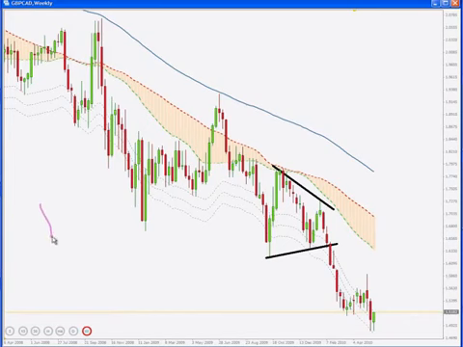For example, if price fails on the next bounce, on the next swing, to break through the previous swing low, and instead we get either a horizontal swing low or even a higher swing low, you see this higher swing low there, search for either sideways congestion areas or for triangles, such as in this case here.